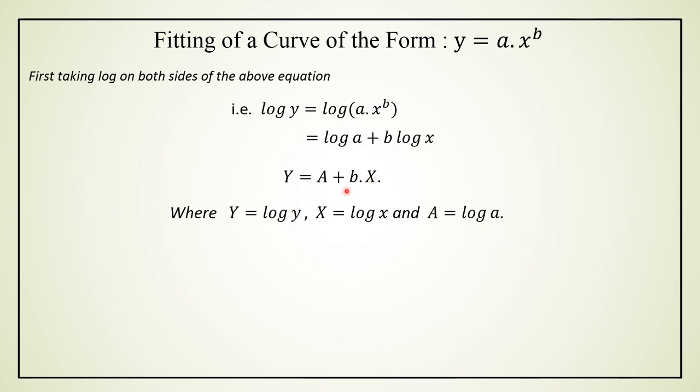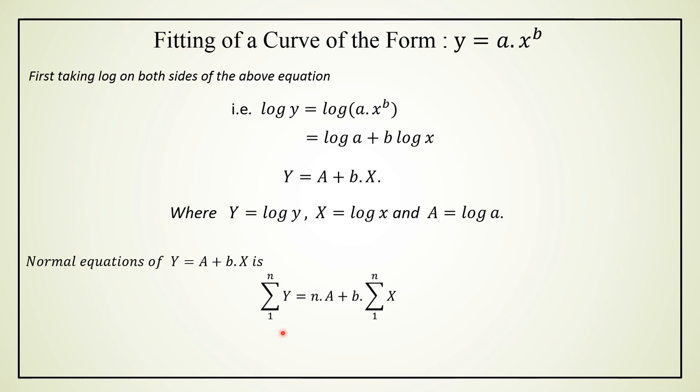Now observe this equation. The equation is a linear equation over here, so you can easily write the normal equations of it. What are the normal equations of the equation y is equal to a plus bx? The first equation is obtained just by multiplying 1 throughout and then taking the summation. So the first normal equation over here is summation y is equal to, when you are taking summation on a constant, it becomes n into a plus b into summation x.